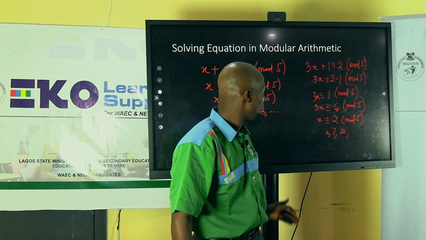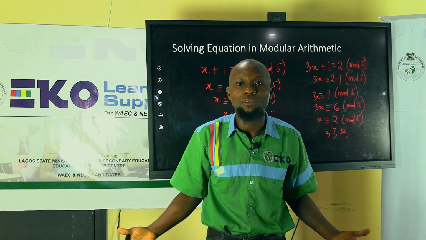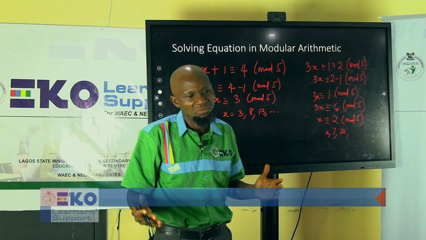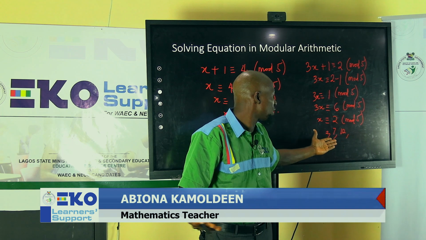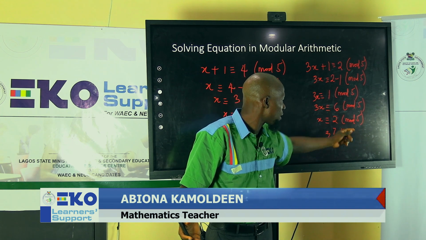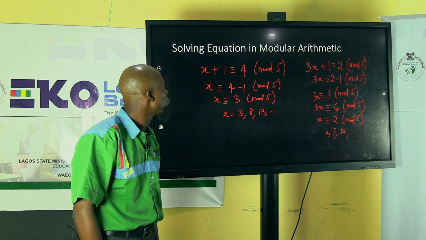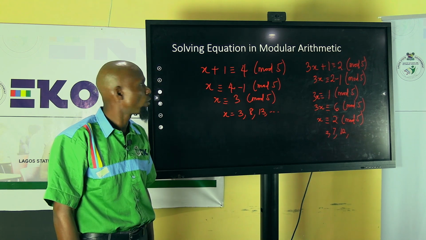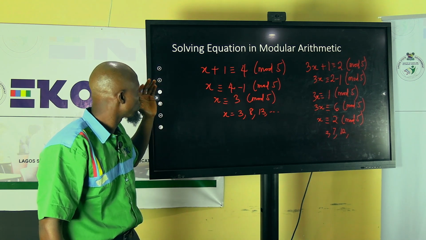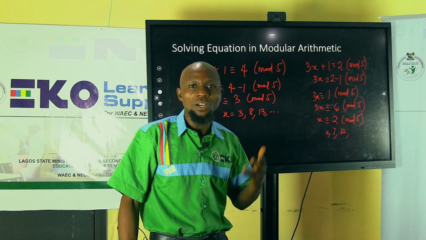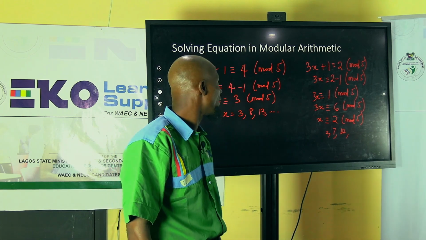So these are the solutions. Sometimes they request for answers between 10 and 20. So between 10 and 20, it means we are picking 12. So that is how we can approach questions that deal with linear equations under modular arithmetic.